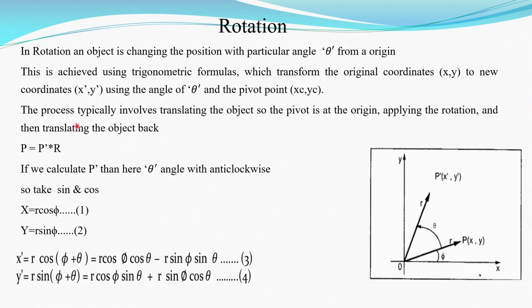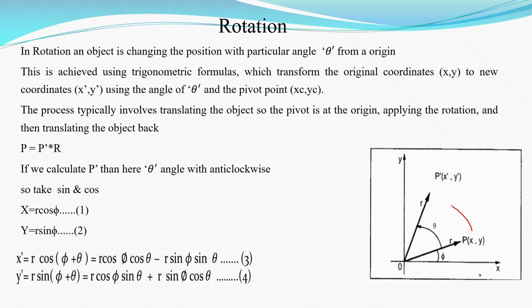The process typically involves translating the object so that the pivot is at the origin, applying the rotation, and then translating the object back. It means that if you have a pixel here and want to rotate it by an angle of 30 or 45 degrees, we want to reach a point here.